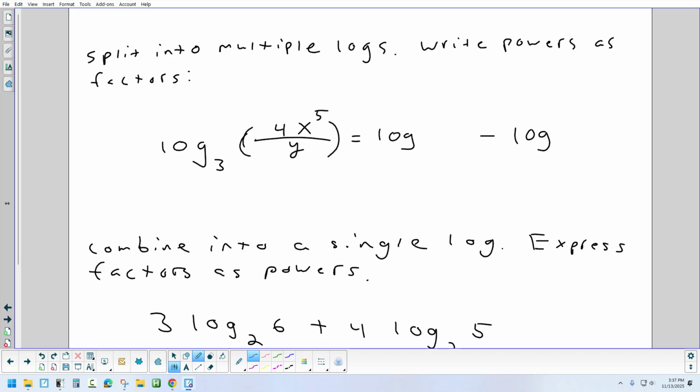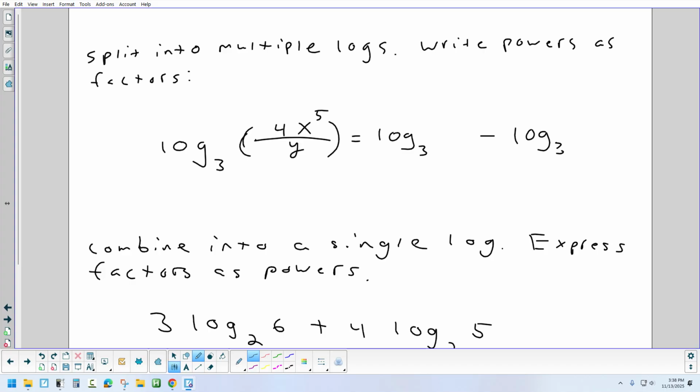What's going to be the base on each log? Log base 3. Yeah, so the base will be 3. And I know we have a little more work to do, but what's going to be my first argument for now? Yep, 5 log 3 of 4x. We'll come back to splitting it up. Let's just leave the argument the way it is right now.